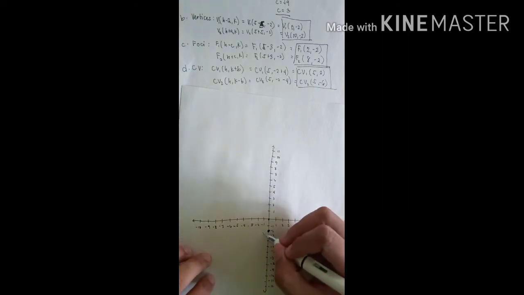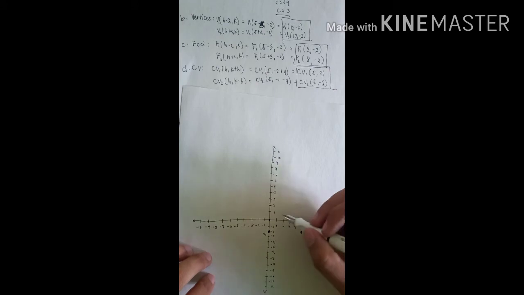Next, V sub 2, nasa 10, negative 2. This is V sub 1, V sub 2. Next, we have the foci, nasa 2 and negative 2. Ito yung f sub 1.